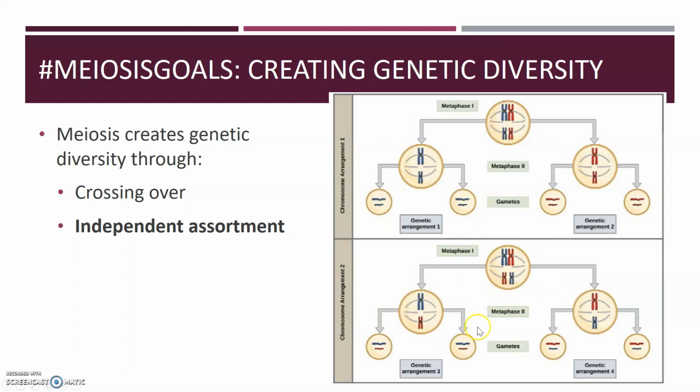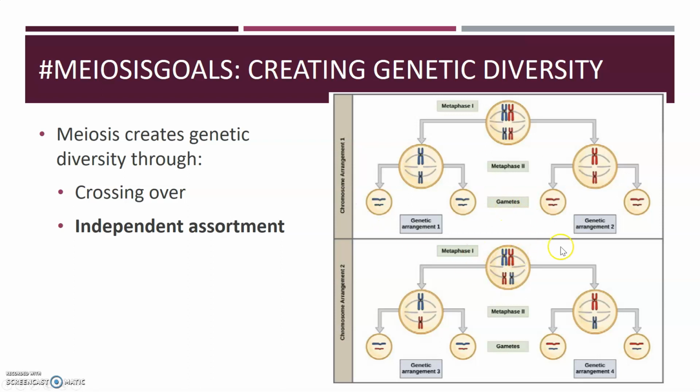But in this scenario on the bottom, this gamete actually has one blue chromosome and one red. And these gametes over here have one red chromosome and then the small blue. These differences in how the chromosomes line up and who's on the left and who's on the right generate genetic diversity as well.